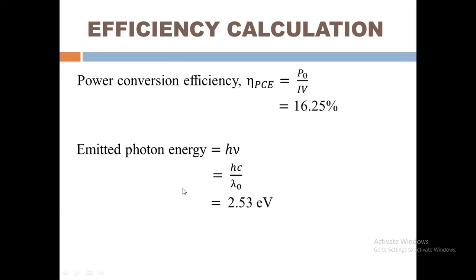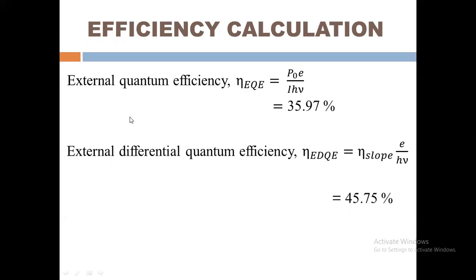It is 16.25%. Next, I have calculated the emitted photon energy of my laser, and here we need lambda, the emission wavelength of my laser, which is assumed as I have stated earlier, 491 nanometer. The emitted photon energy for my designed laser is 2.53 electron volt. From the calculated emitted photon energy, I have calculated the external quantum efficiency using this equation, and it is 35.97%.